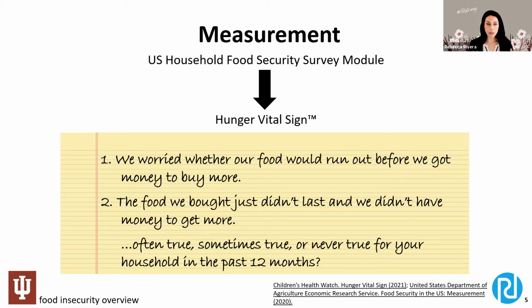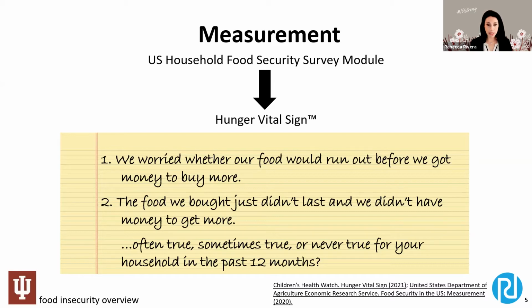What researchers have done in the past few years is whittle this survey down into just 2 questions. So it's a brief screener for food insecurity. It's called the Hunger Vital Sign Panel. And the 2 questions shown here comprise this brief screener.